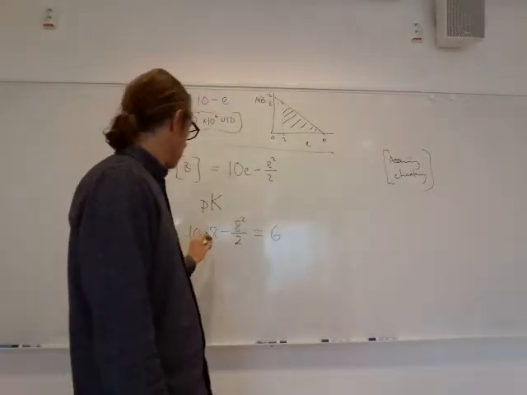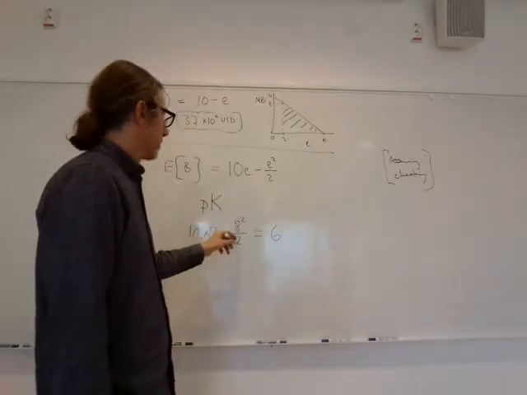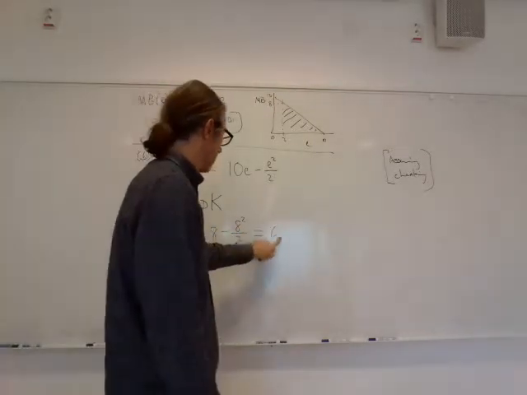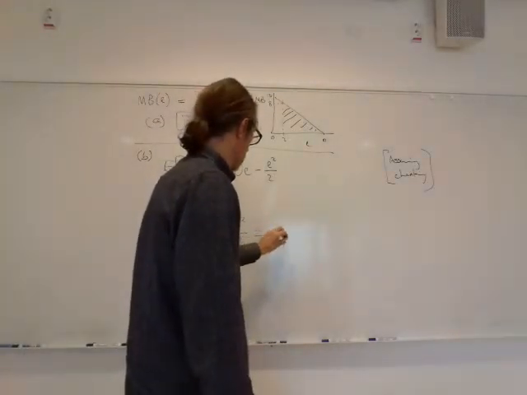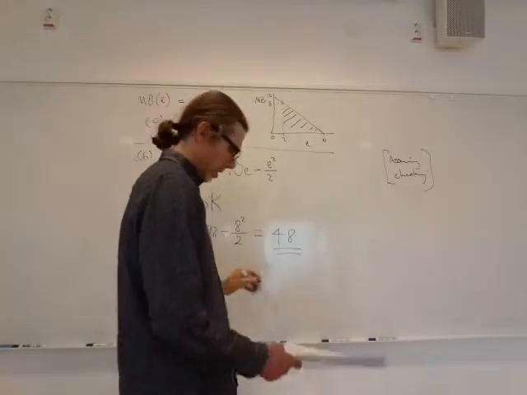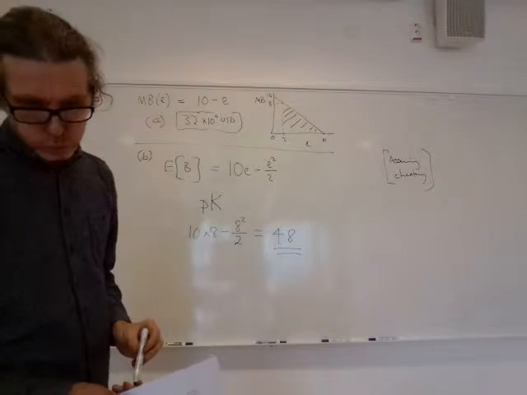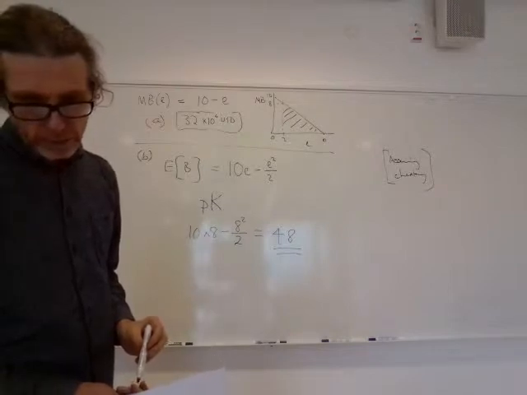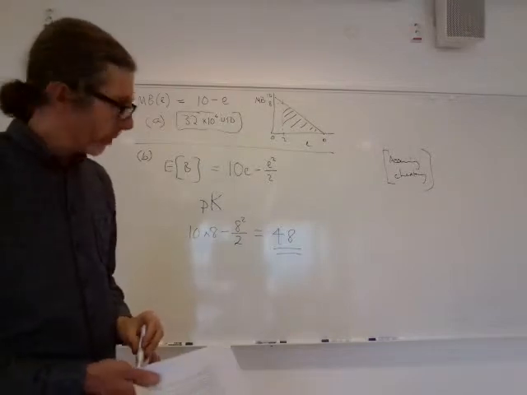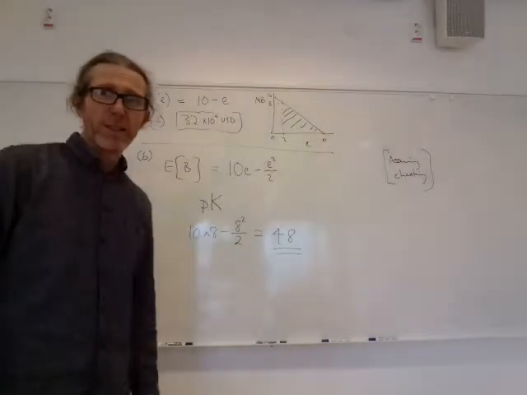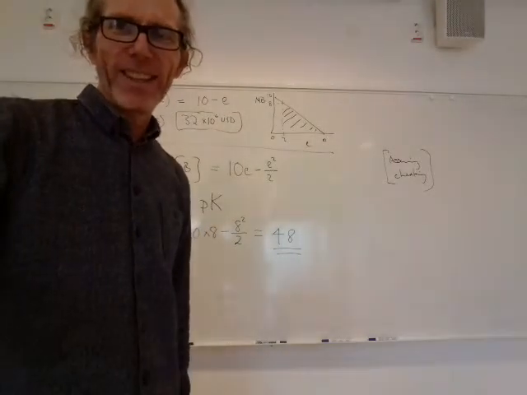No, 80 minus 32 is 48. So I get that the fine would need to be 48, but in my crib sheet it says 32, so I need to have a think here.